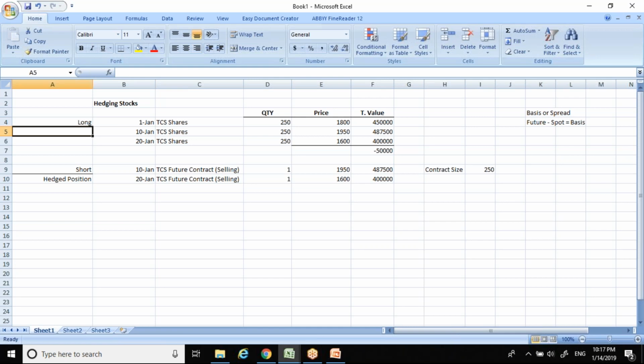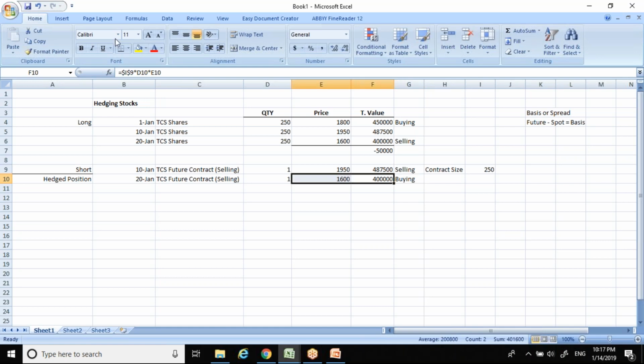So you are buying here to offset your position, you are selling it here, and you're booking a loss of 50,000.